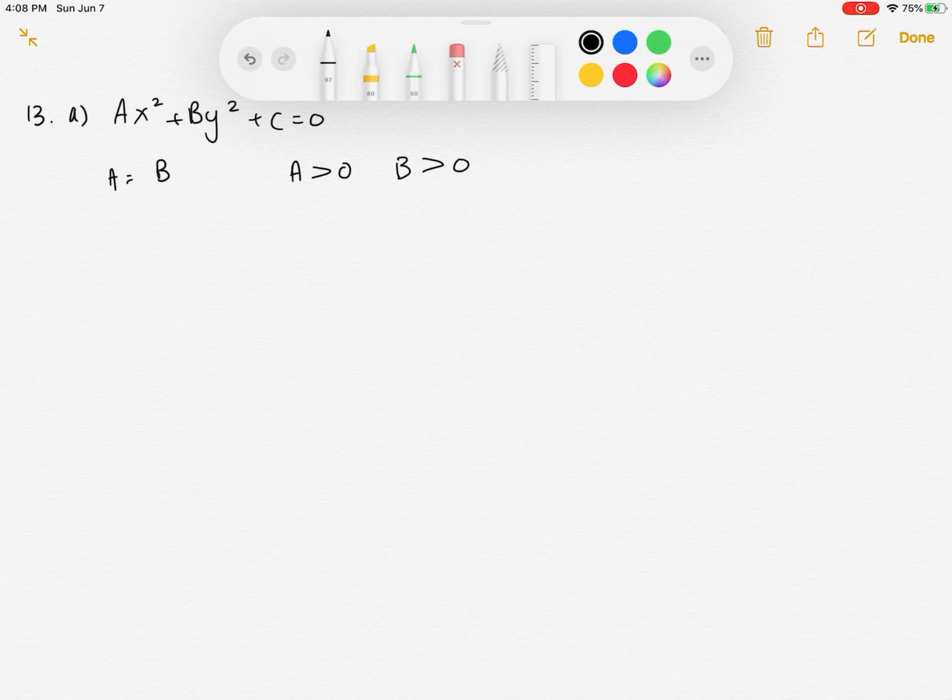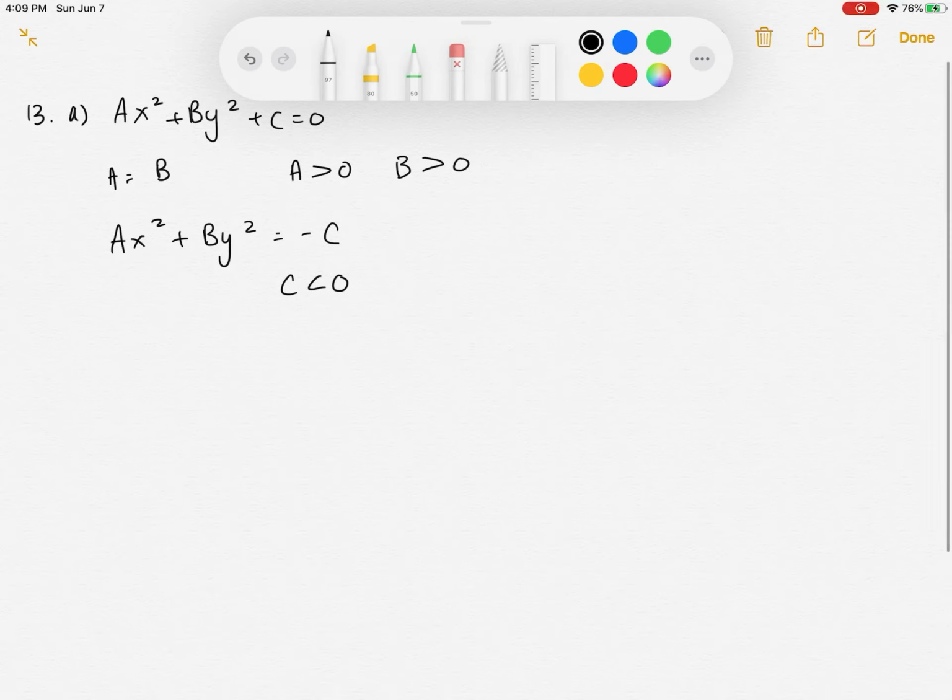Then if you move C to the other side, so that means for the whole thing to be positive, C has to be less than 0. And that's the restriction.